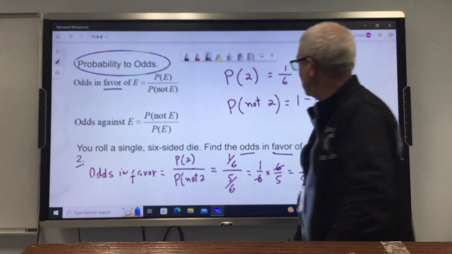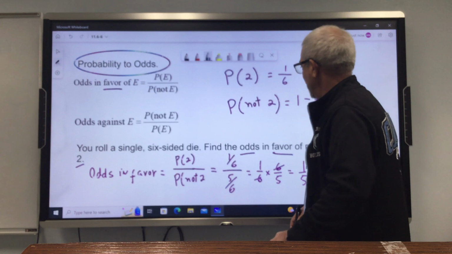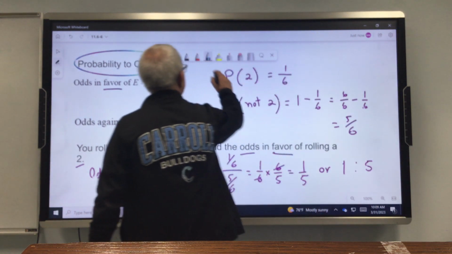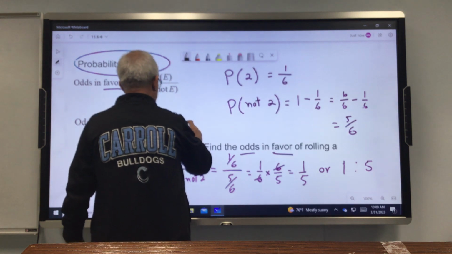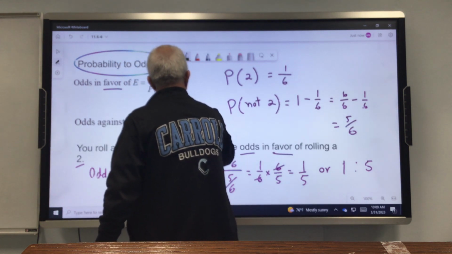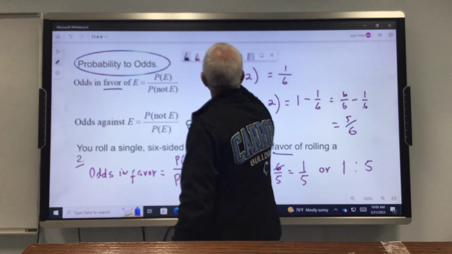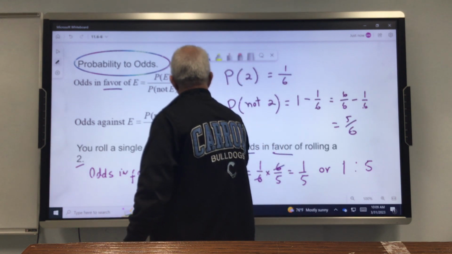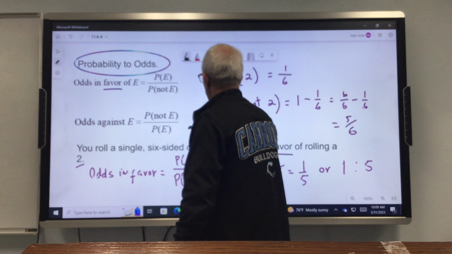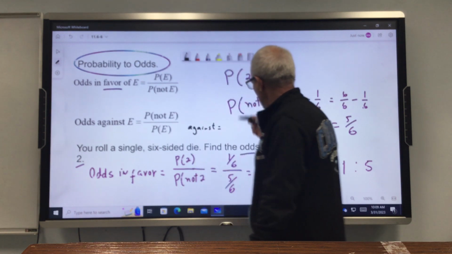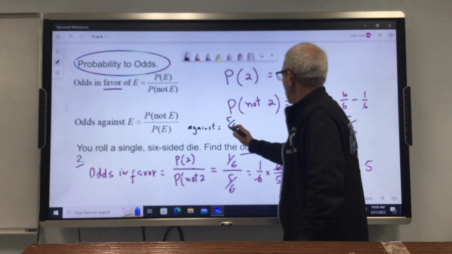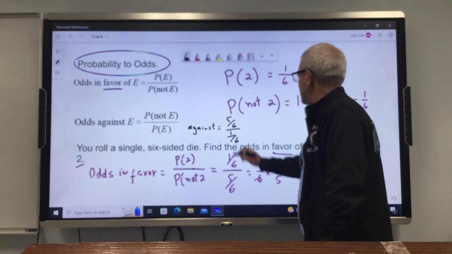Let's do it now against. Against will be the same, only that you need to change: my numerator now will be 5/6, and my denominator will be 1/6.